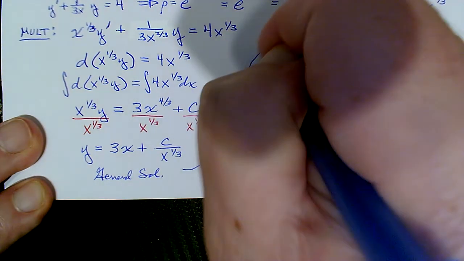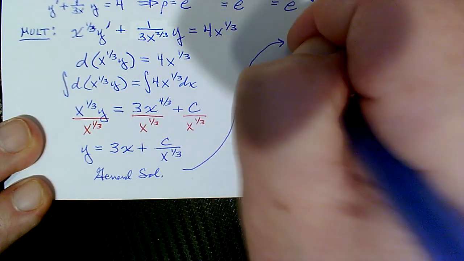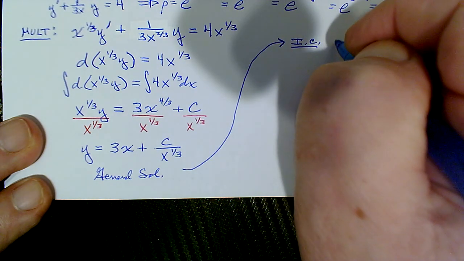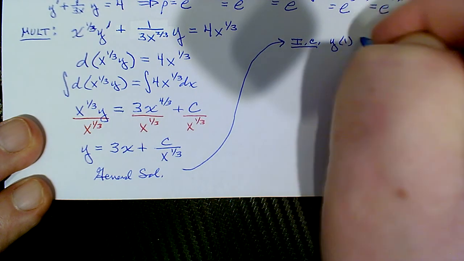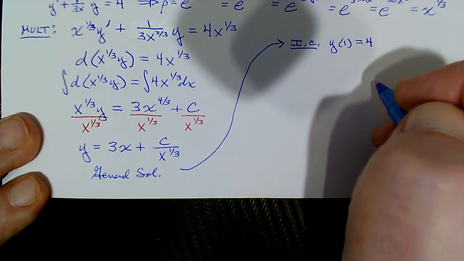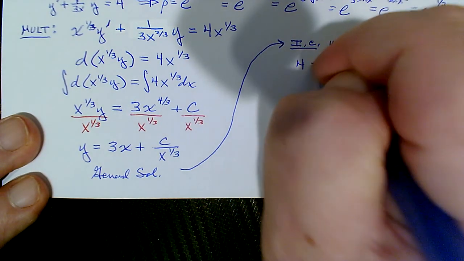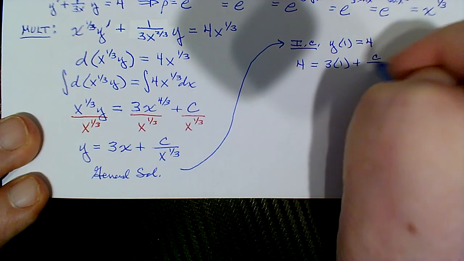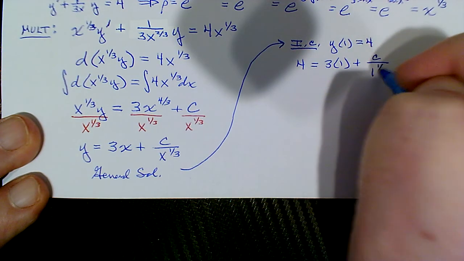And for the particular solution, use the initial condition that y of 1 is 4. So into the general solution, y is 4, x is 1. So 4 is 3 times 1 plus c over 1 to the 1/3.